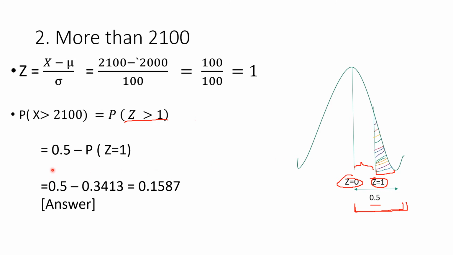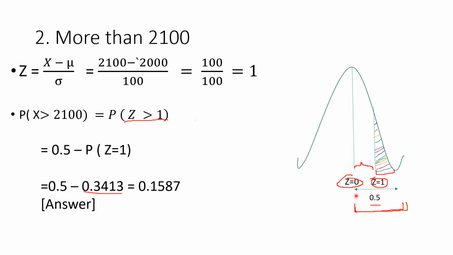So what you will write is 0.5 minus probability of Z is equal to 1. Your answer is 0.5 minus 0.3413. This number will be given to you clearly in the question paper. Answer comes out to be, after subtraction, 0.1587.